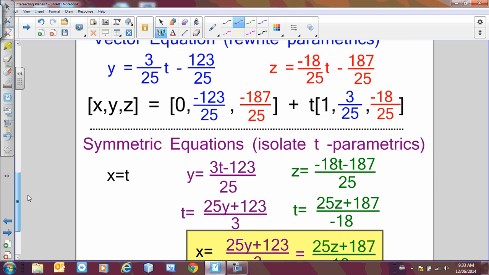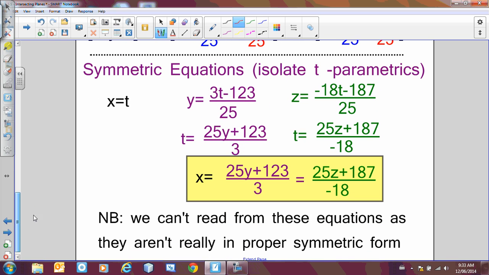Now, the symmetric equations here, typically what we'll do is isolate t. That's, of course, what symmetric means. I've got each of my expressions in terms of t, and then I make them equal to each other. What you might recognize here is I don't have exactly what I want in my symmetric equations. I want this in the form x plus or minus some number divided by its direction vector.